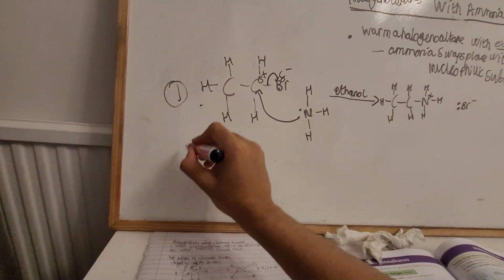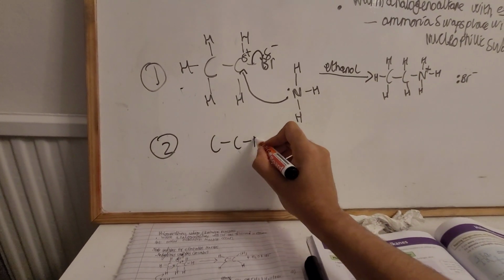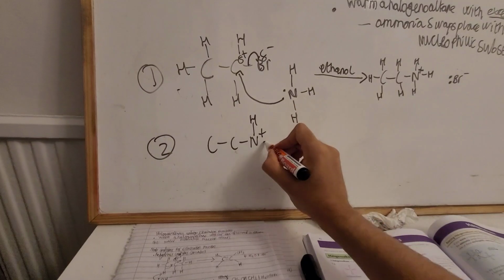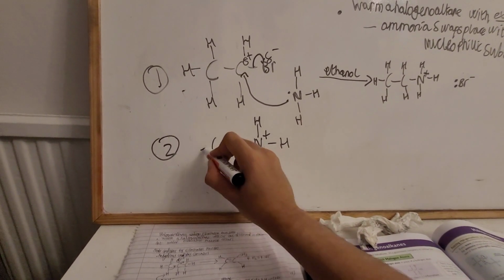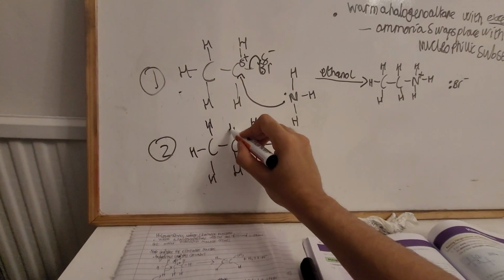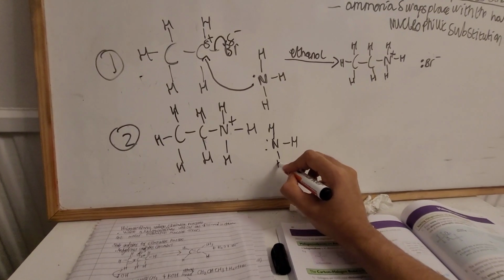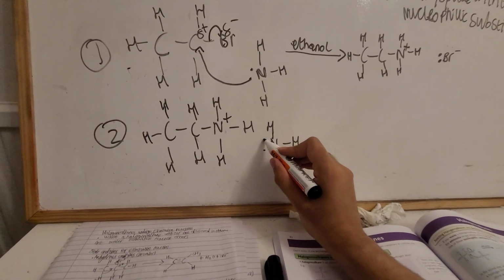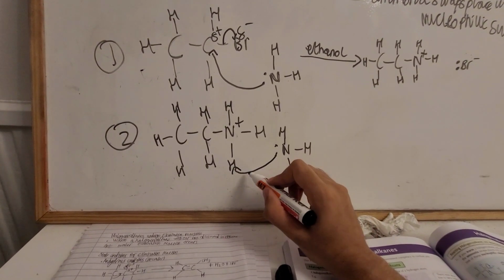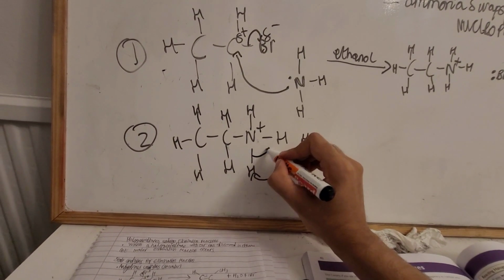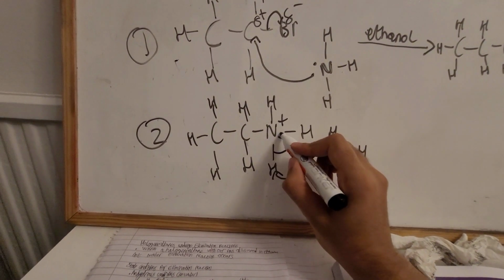So let's see how that works. This is the first part, this is the second part. So now we've got this plus H and H. Now ammonia, again, with a lone pair of electrons, 3 hydrogens attached to it, is now going to remove a hydrogen from the NH3, and because it removed the hydrogen, it's got an extra hydrogen.